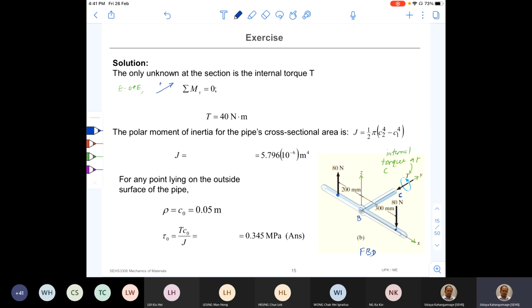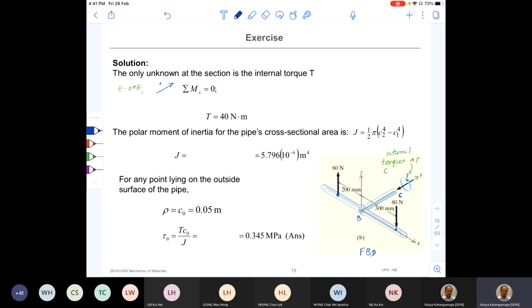I would like to hear the answer from you using your right hand rule. Take your right hand and curl your fingers in the direction of the torque. Then see where the thumb is pointing. If the thumb is pointing in the positive y direction, that torque is positive. But if it is opposite, that torque is negative.